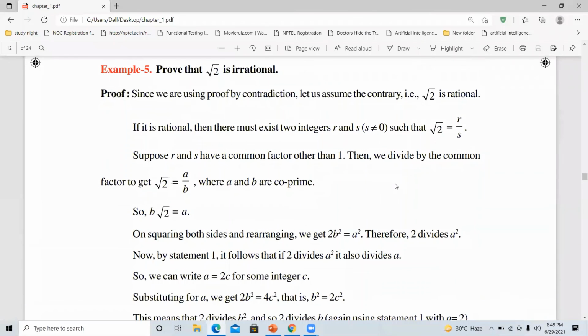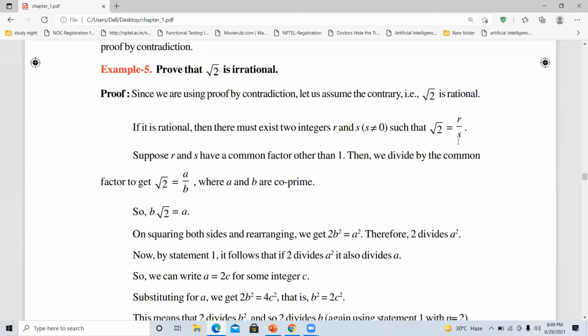So the thing which we assumed, that root 2 is a rational number, is wrong. Since that assumption is wrong, root 2 must be an irrational number. In this way, we prove root 2 is irrational using the proof by contradiction method.